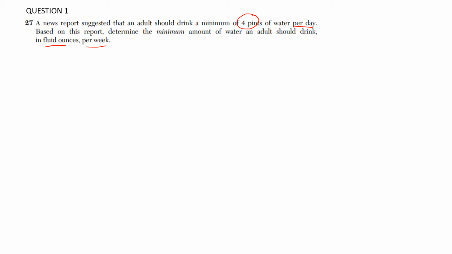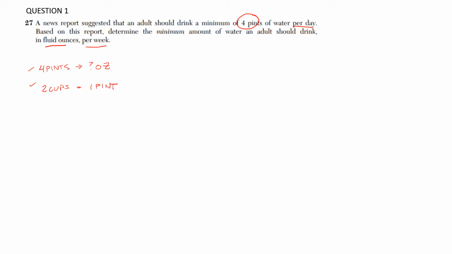So you will find most of these conversions in the reference sheet that's provided in your Regents booklet. And the most important thing here is to find these conversions, right? So we need to convert 4 pints into ounces. How do we get that to ounces? So what you'll have to do is find in your reference sheet that 2 cups is 1 pint.